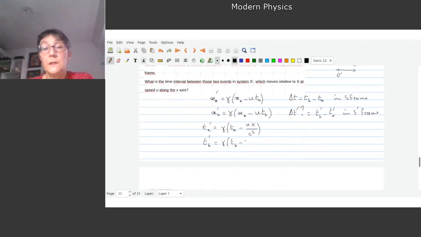And so you will have delta t prime, which will be a function of tb minus ta, you know it, but it will also be a function of delta x. So it's a very simple application.